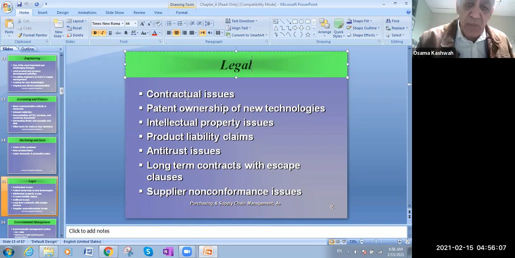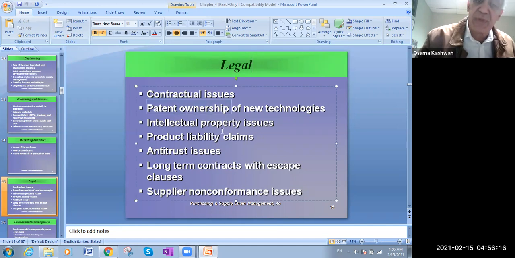So we have the contract issues, the problems of the contracts, the consequences of the contract with the suppliers and with the consumers, patent ownership, and patent rights, which are very important nowadays, intellectual property issues, product liability claims if there are any problems or claims around, antitrust issues, which is the ethical one, long-term contracts with escape clauses, and supplier non-conformance issues also.